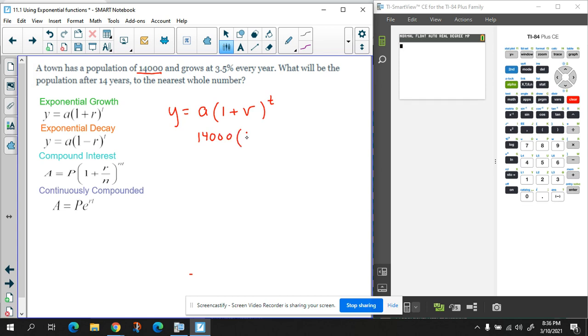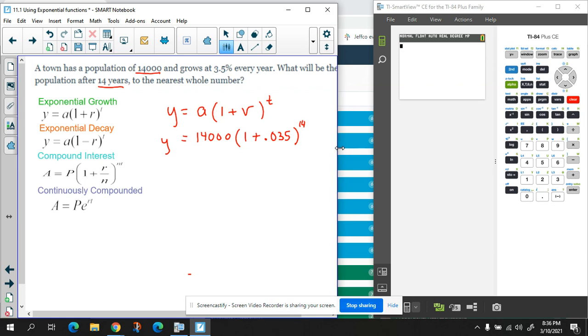The R is the rate expressed in decimal form. So that's a percent. To change a percent into a decimal, we divide by 100, move it 2 spots to the left. So 0.035. And T, right here in the words, 14 years. So after 14 years go by, we can now use our graphing calculator or Delta Math calculator.